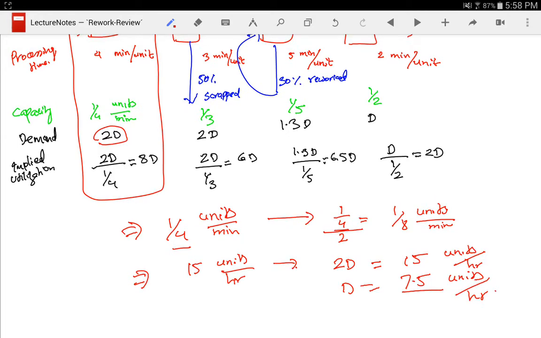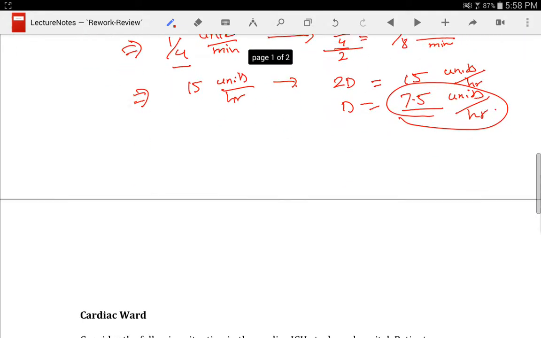You could have done the same here. The relationship is 2D for 1/4, that is D equals 1/8. Either answer is fine: units per minute or 7.5 units per hour. That's all there is to this kind of rework problem.